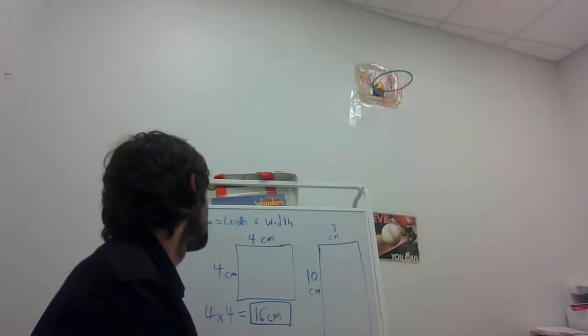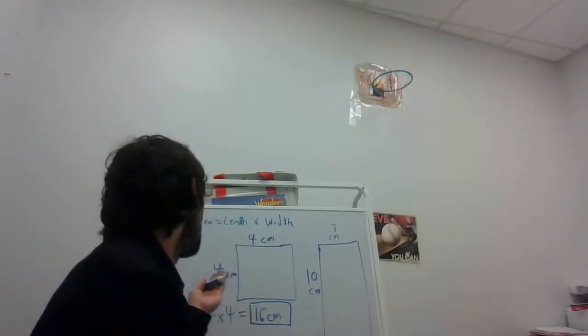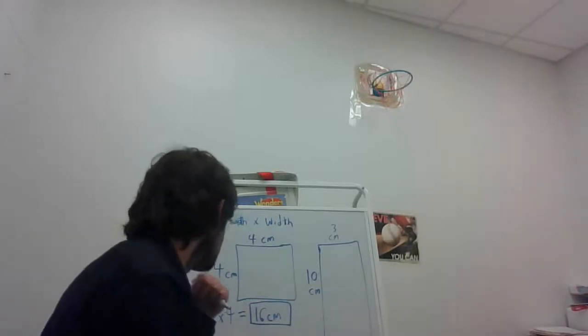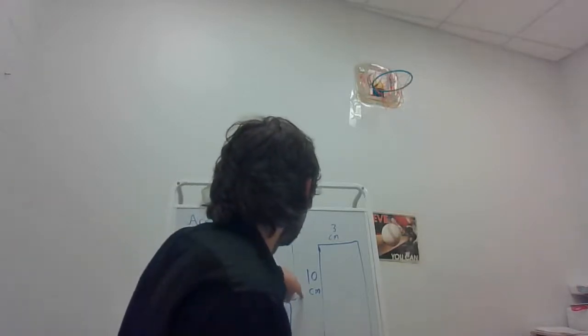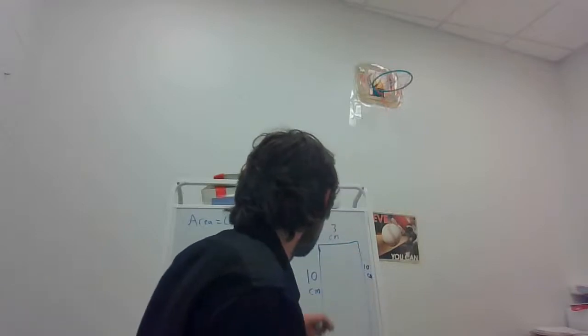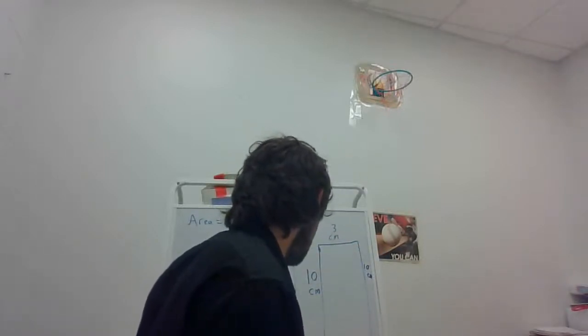Now to find perimeter, you just have to add the length of each of the 4 sides. So if this side is 10 centimeters, then this side right here is also equal to 10 centimeters. If the top is 3 centimeters, then the bottom would also be 3 centimeters.